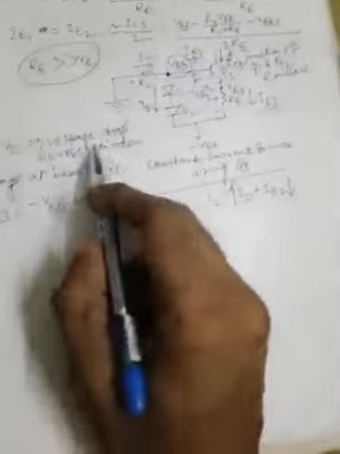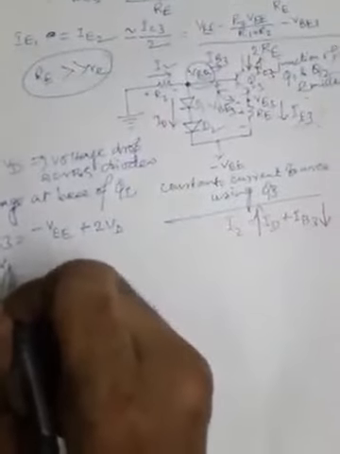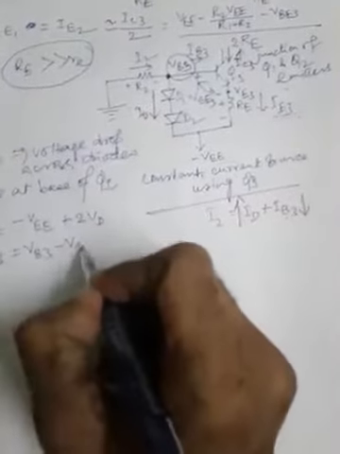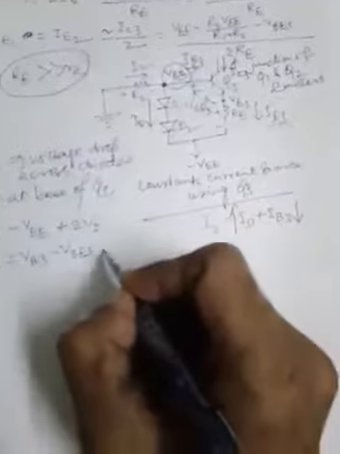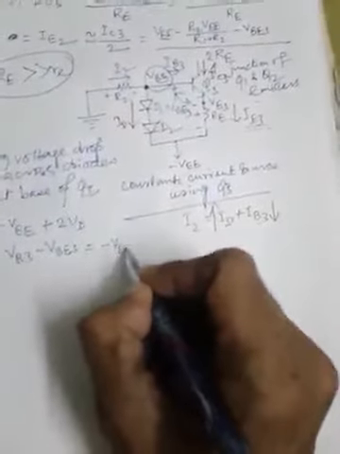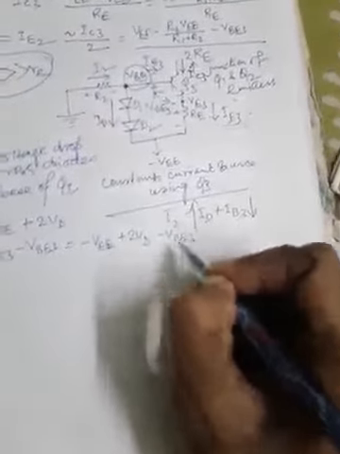So minus VEE plus these two voltages is equal to the base voltage: minus VEE plus 2 VD, because each diode produces VD as the voltage drop. And also we can write VE3 is equal to VB3 minus VBE3. Very simple equation. If we substitute VB3 from this equation into this equation, VE3 should be written as minus VEE plus 2 VD minus VBE3.